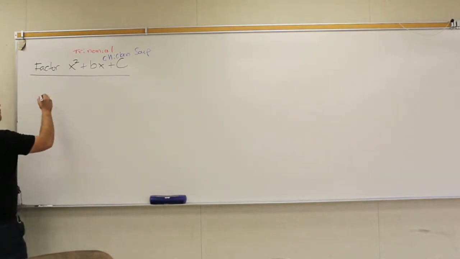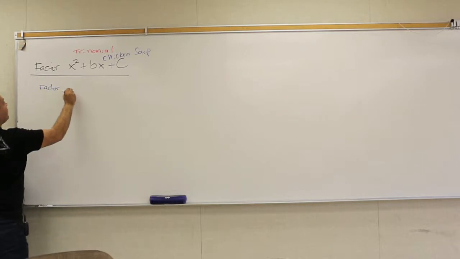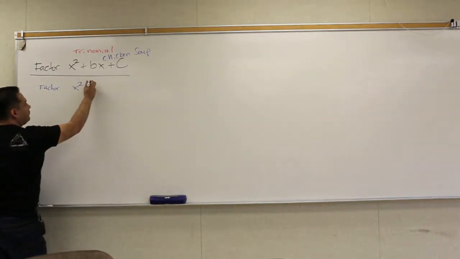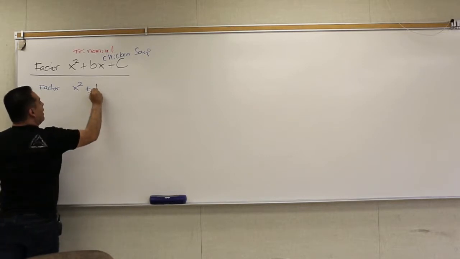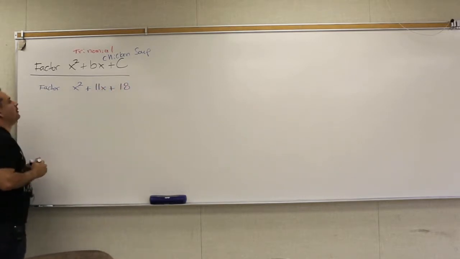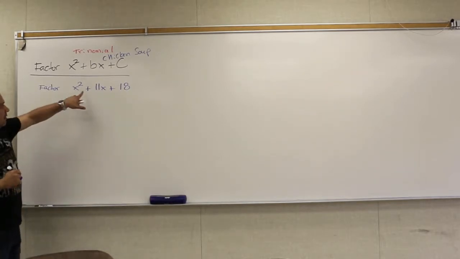So for example, they say to you the following. They want you to factor, let's say, x squared plus 11x plus 18. This is a chicken soup recipe. You say, how do I know?